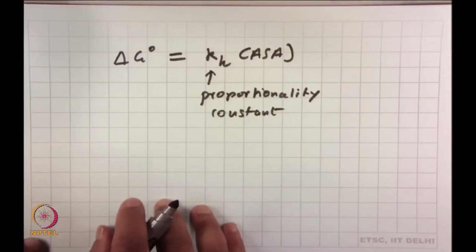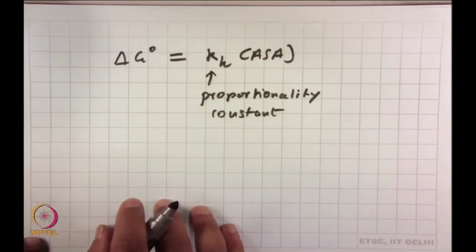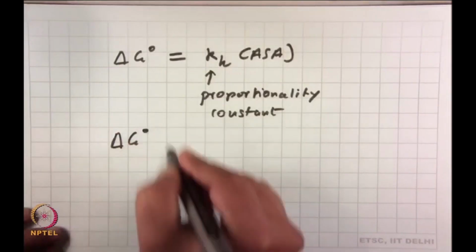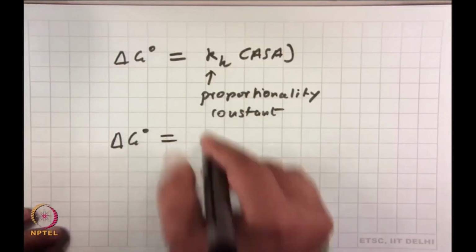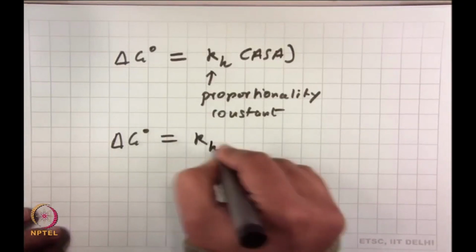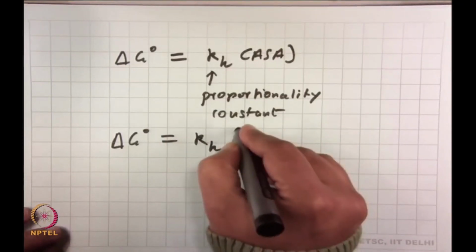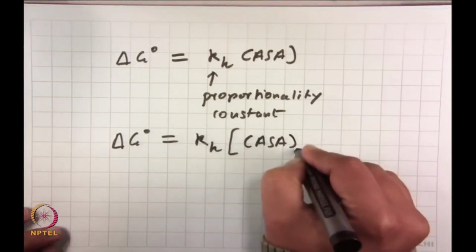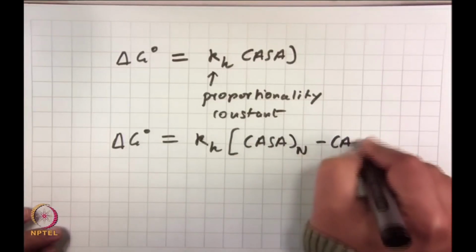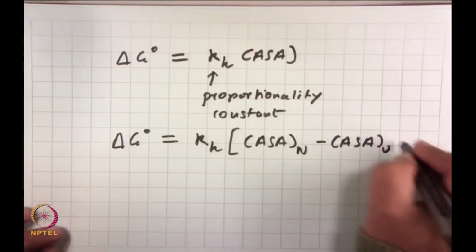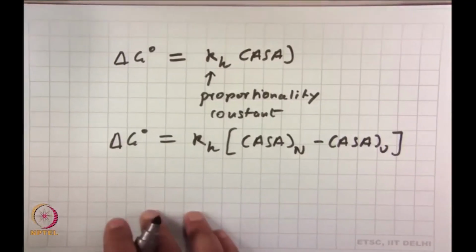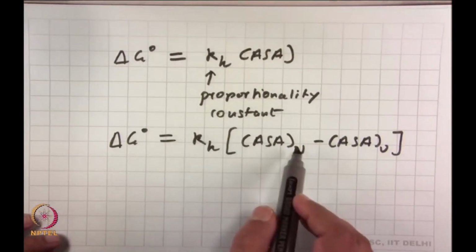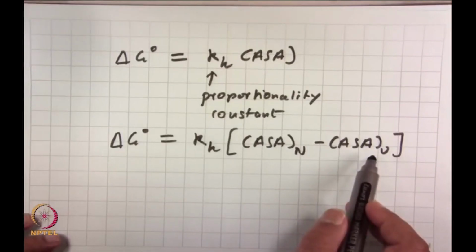Now, how can I relate it to a protein which is folding? So, what I can say is, for a protein I can write delta G 0 is equal to kh, again the proportionality constant, times accessible surface area of the native state minus accessible surface area of the unfolded state, right.